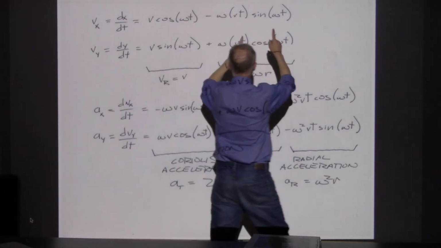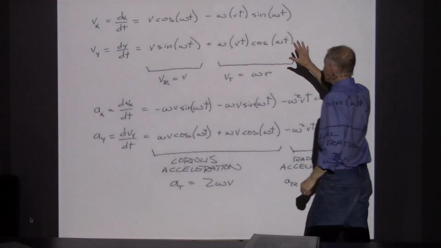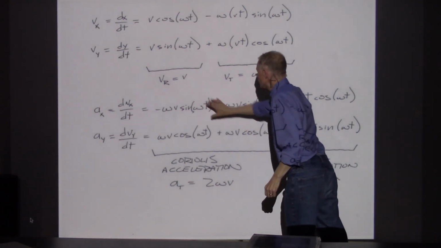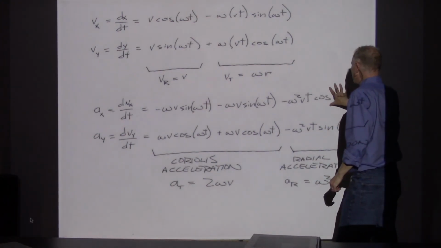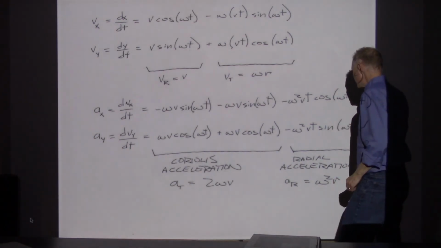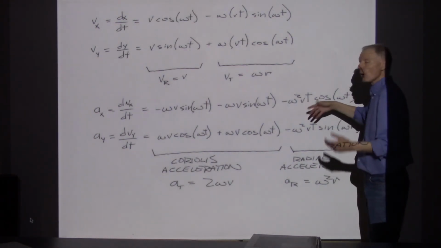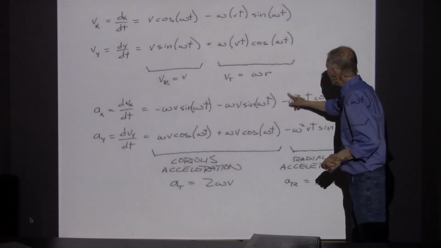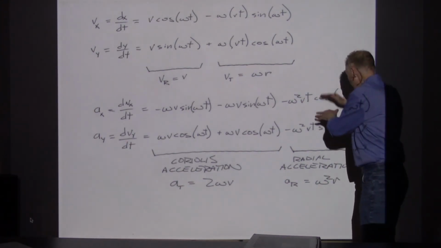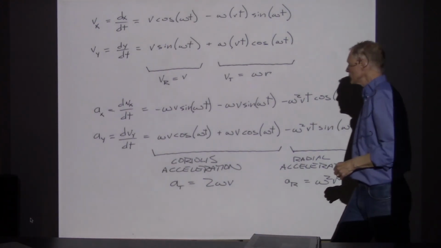Now here, one of the product rule terms gives me a second contribution to that. And then there's finally an extra term out here that depends on omega squared vt. Now remember, vt is r, so this is r omega squared, and these terms are the radial accelerations.